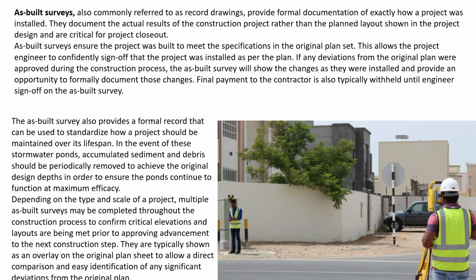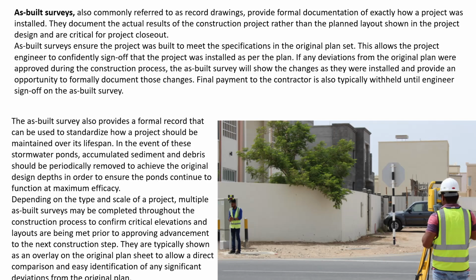As-built surveys, also commonly referred to as record drawings, provide formal documentation of exactly how a project was installed. They document the actual result of the construction project rather than the planned layout shown in the project design and are critical for project closeout.